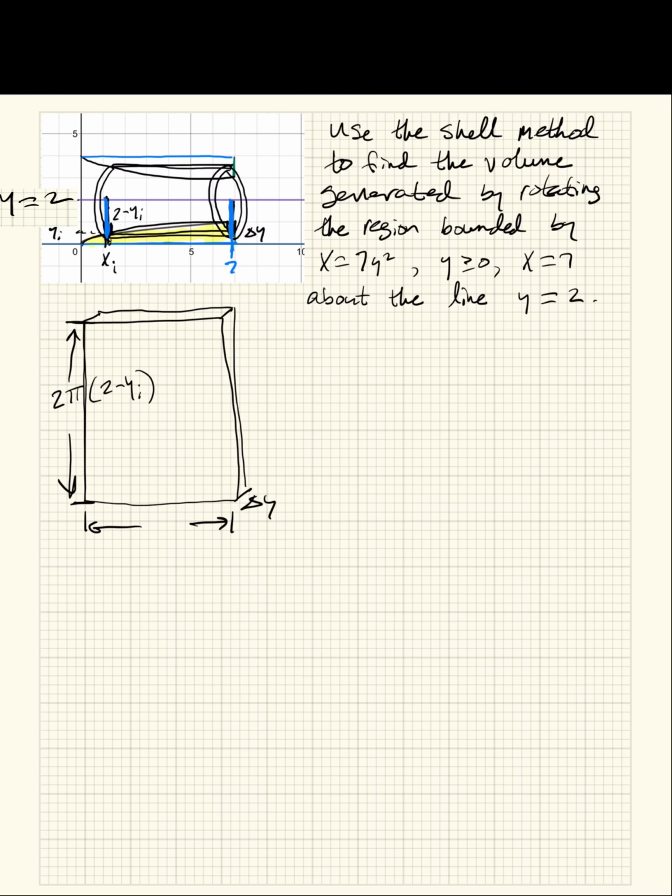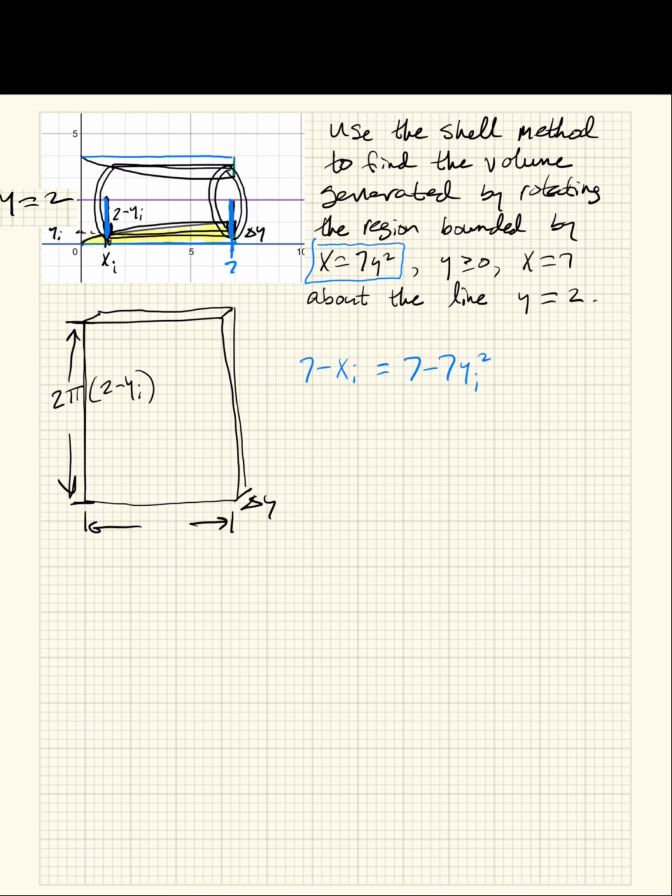So we could say that that dimension of that shell would be 7 minus x sub i, but we want everything expressed in terms of y. And so what we'll do is convert that to 7 minus 7y sub i squared, and we know that we can do that because we have this relationship between x and y everywhere along that curve.